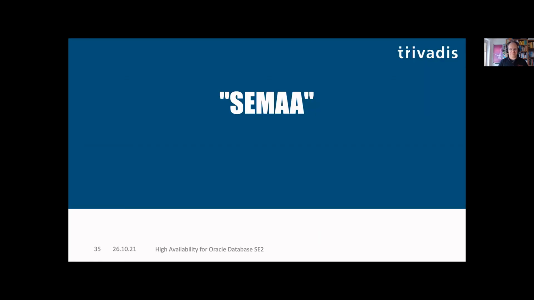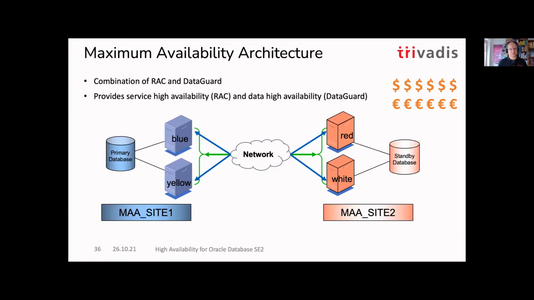Of course, we can combine those features. Standard Edition Maximum Availability Architecture. And well, if you think of MAA with RAC and Data Guard, we have got RAC on the left side, on the primary side, RAC on the right side, standby side, combined with the Data Guard.